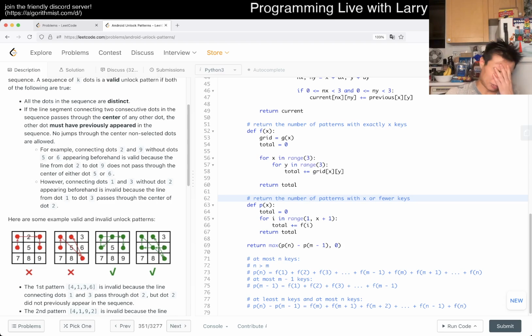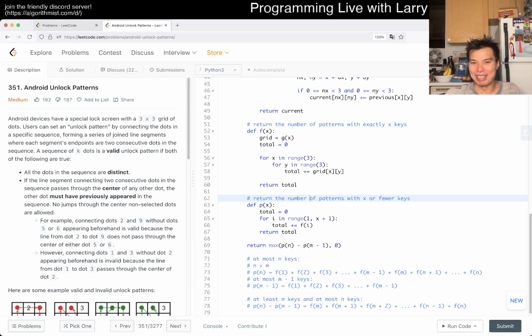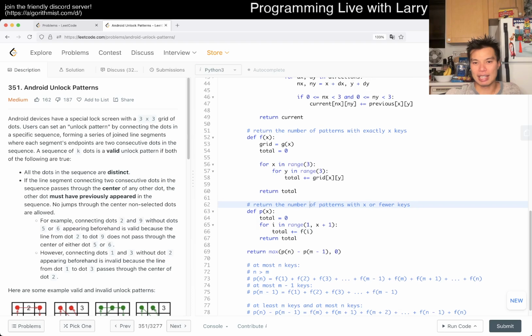Let me think how I want to write it in a more generalized way. Because I'm also trying to incorporate the dynamic programming, but maybe that's too advanced, or I'm too lazy. Maybe that's the bigger thing. Okay, fine.